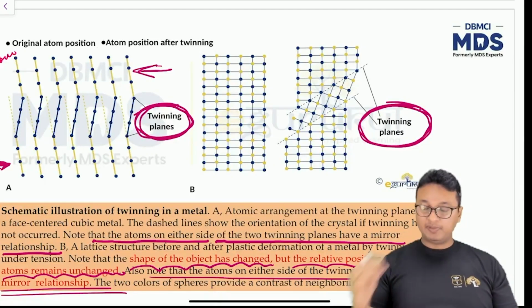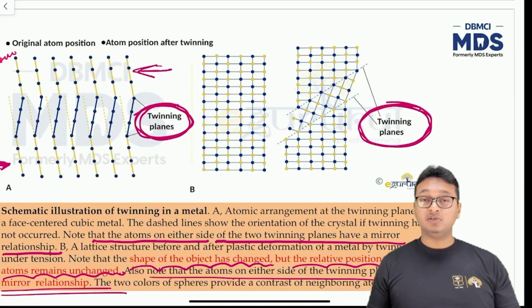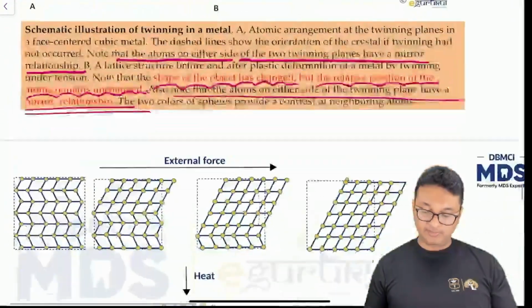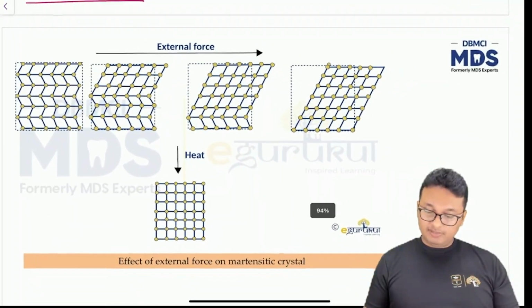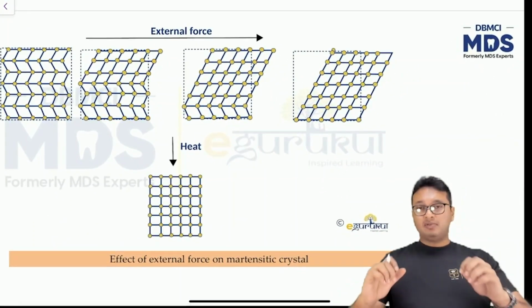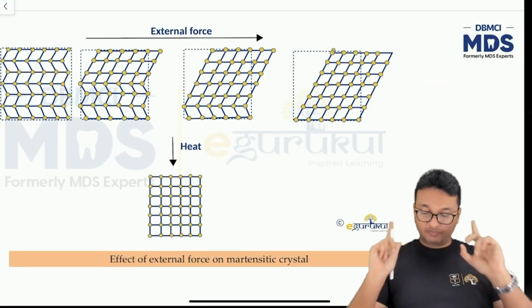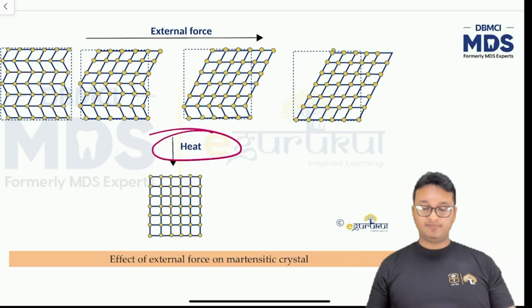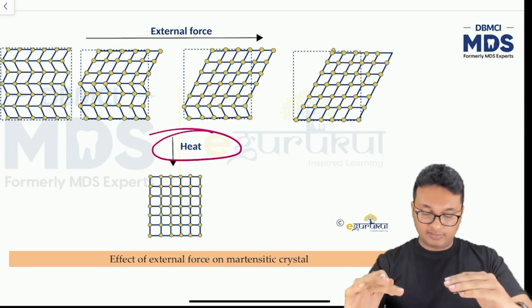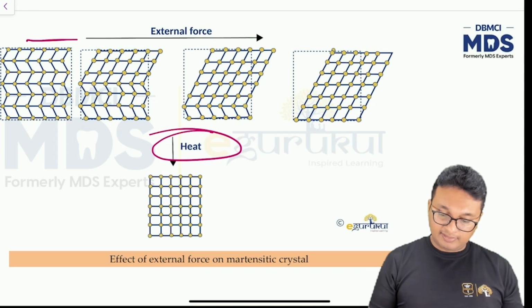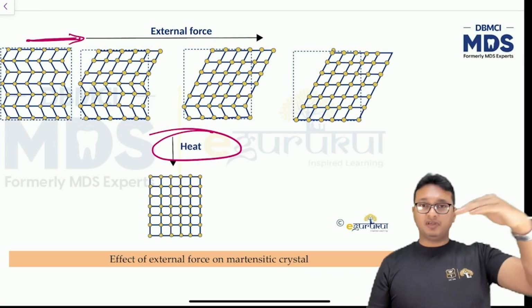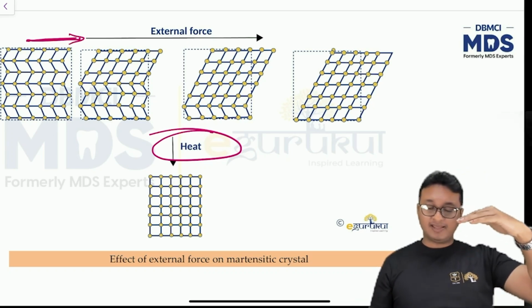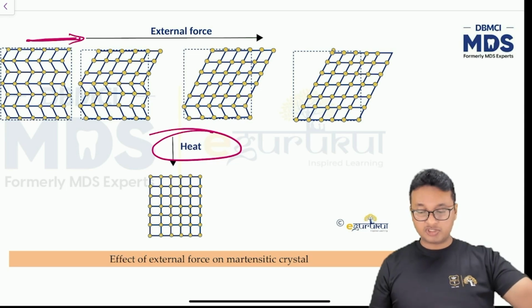Hence, this property called twinning is unique to nickel titanium arch wires. Please remember that. Now, one more thing. Till now, we have been talking about the application of forces. But what happens when heat is applied? There are external forces given in this direction. The top layer of atoms gets deformed into a different configuration.